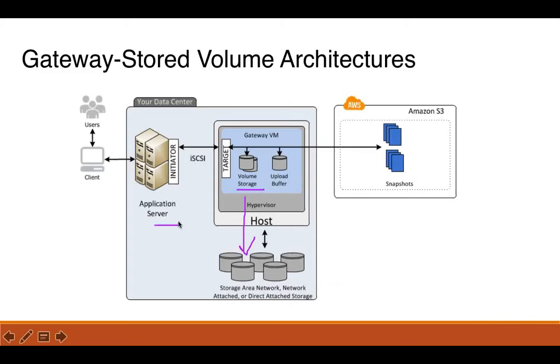If the application server wants to read the data, it goes through the storage gateway, and the volume storage passes on the data from the local disk. The entire data is saved in your local disk, whereas the volume storage is a medium to perform the read and write operations and present the data to the application server or write the data to the disk on its behalf.